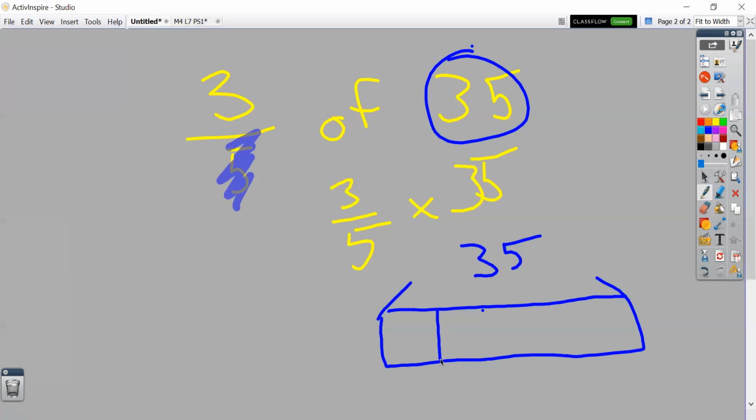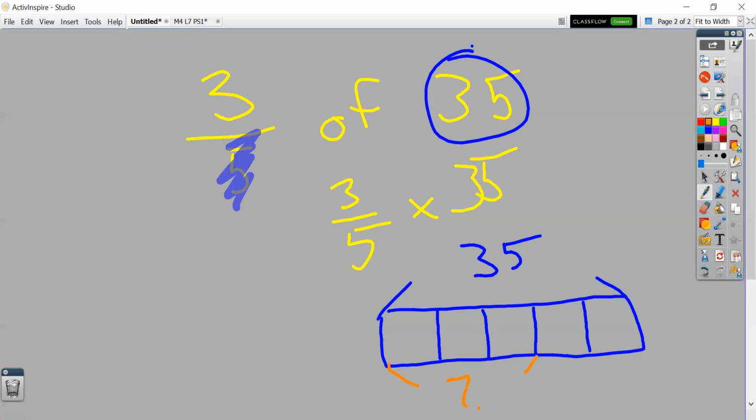So we need to cut our tape diagram 4 times to create fifths. Now, what this sentence is asking for, 3/5 of 35, we need 3 of those units, 3 of those fifths. So we're going to represent that by saying we want 3 of these.